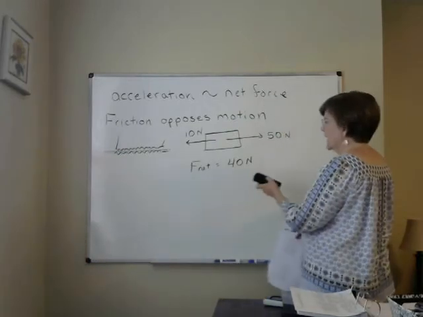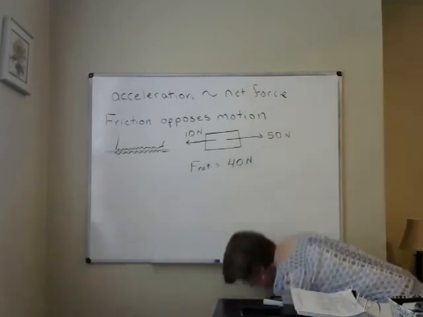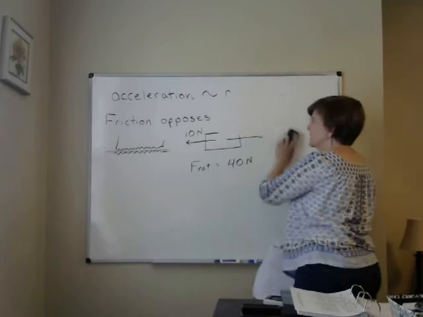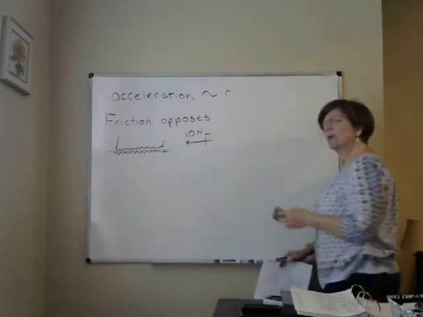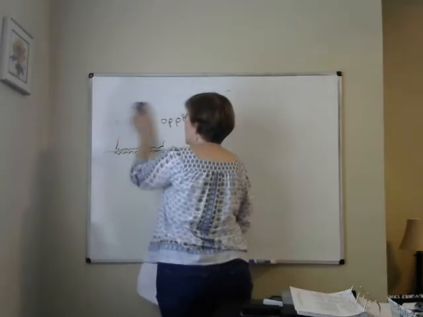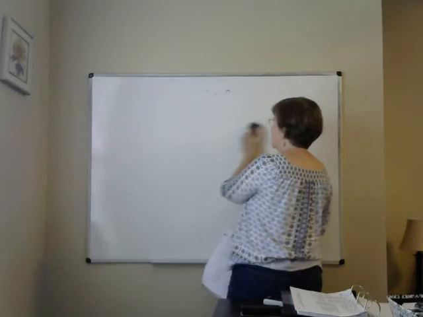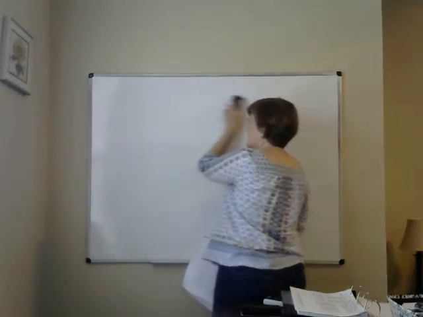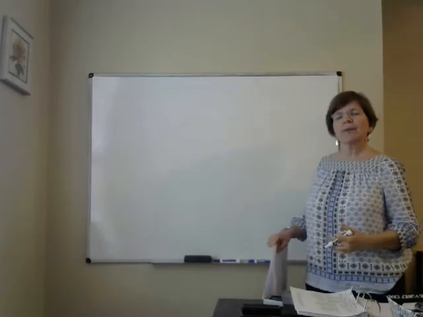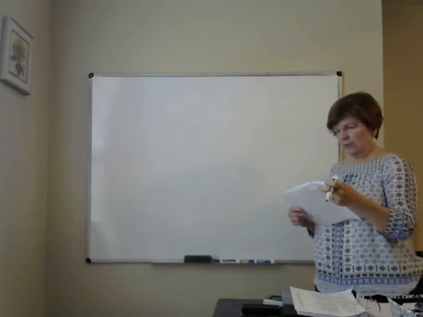Now, we categorize friction into two broad categories. We talk about friction when the object's at rest, and we call that static friction. But we're also going to talk about friction when the object's in motion. That can be called sliding friction or kinetic friction. Some textbooks use kinetic friction. This textbook mostly just calls it sliding motion to let you know it's moving.